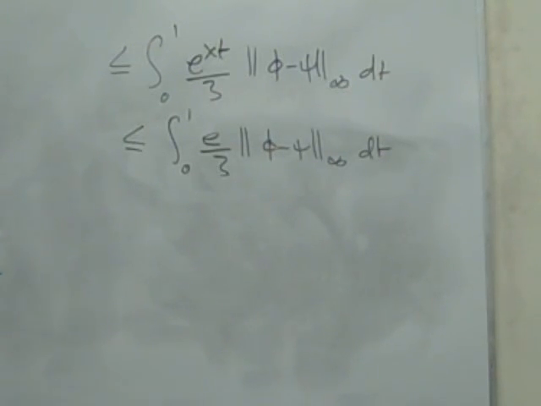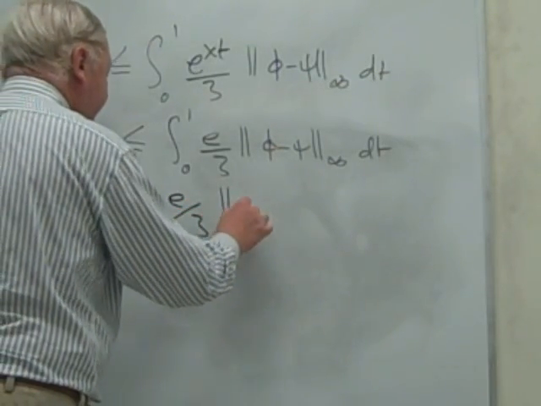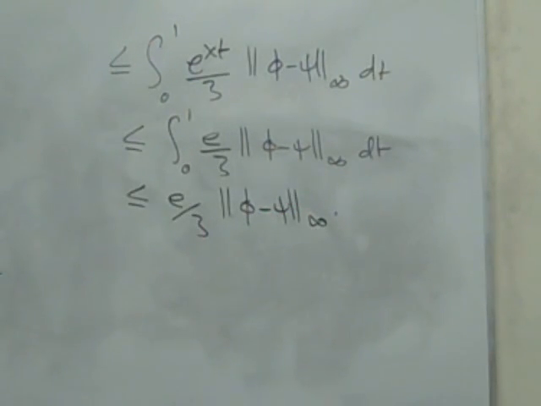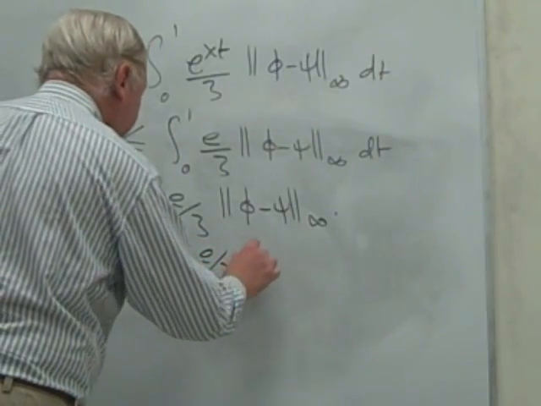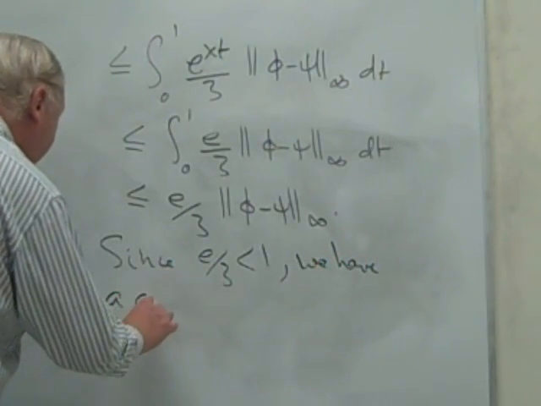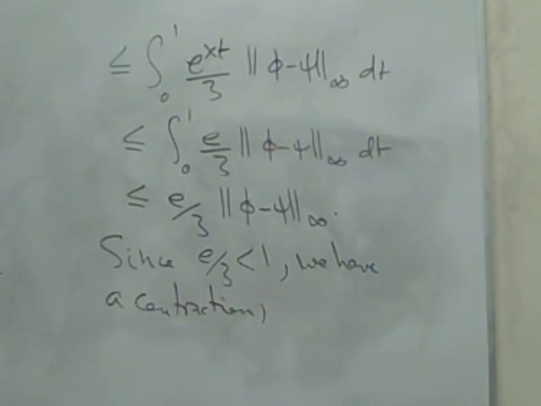And so this comes out to be, at most, e over 3 times the infinity norm. Since e is 2.7 something, that ratio is less than 1. Since e over 3 is less than 1, we have a contraction.